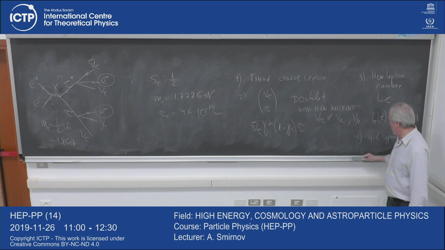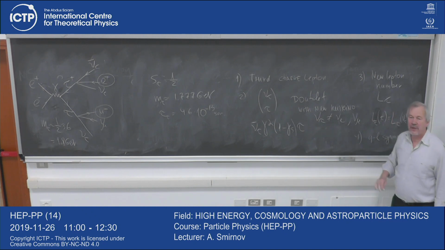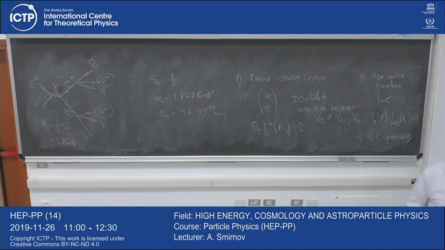Actually, that was one of the first confirmations that the third generation of quarks existed. Although the possibility of existence of a third generation of quarks was hypothesized a year before by Kobayashi and Maskawa in connection with the explanation of CP violation. And I will discuss this, I think, next. Questions?